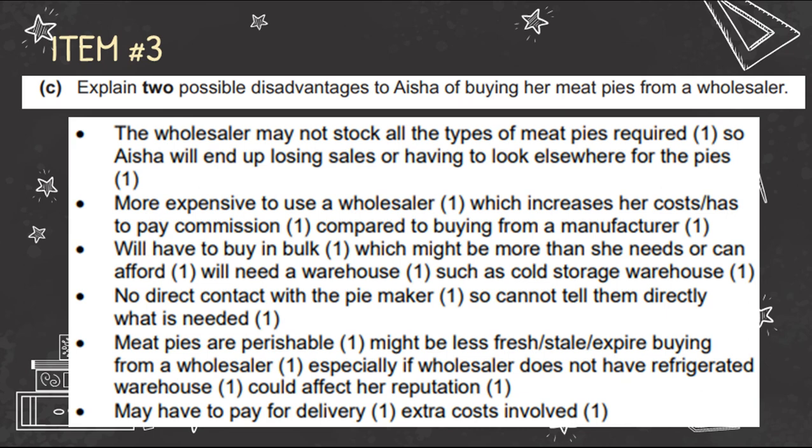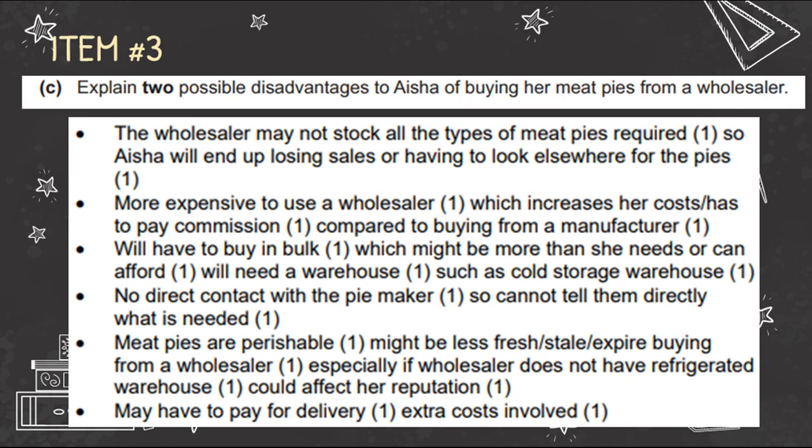Another possible disadvantage is the price, because it's more expensive to use a wholesaler to get her products, and it will increase her cost for sure, compared to buying from the manufacturer.